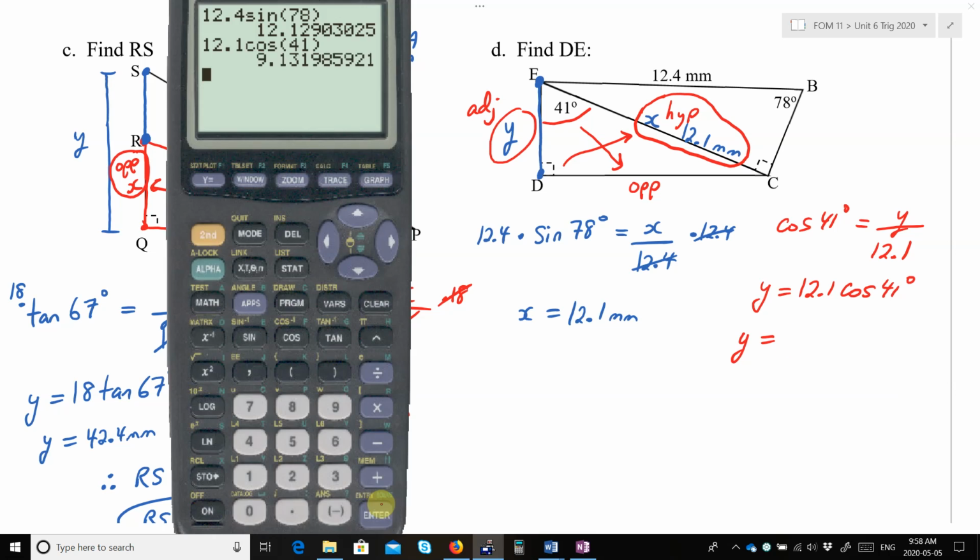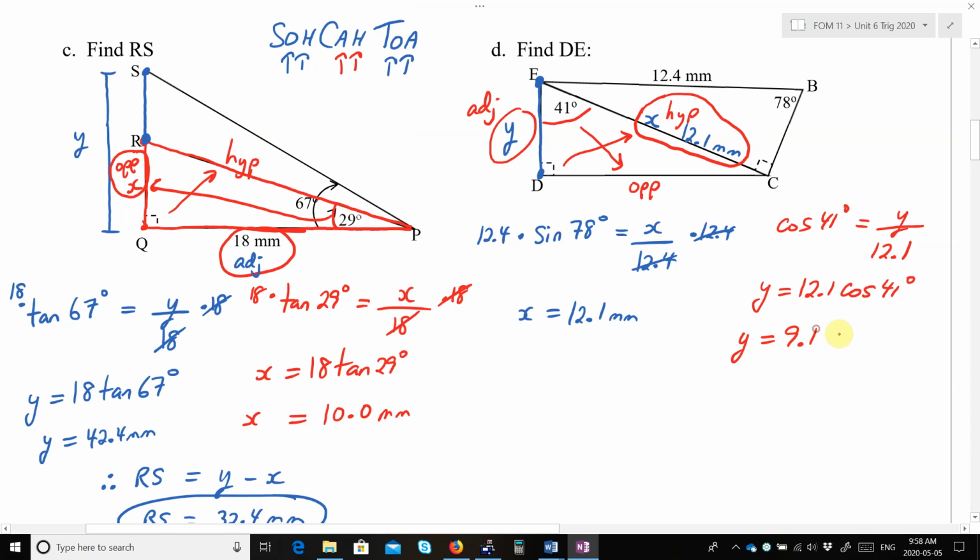Okay, and that ends up being 9.1 millimeters. And y is equal to that side DE, so DE is equal to 9.1 millimeters.